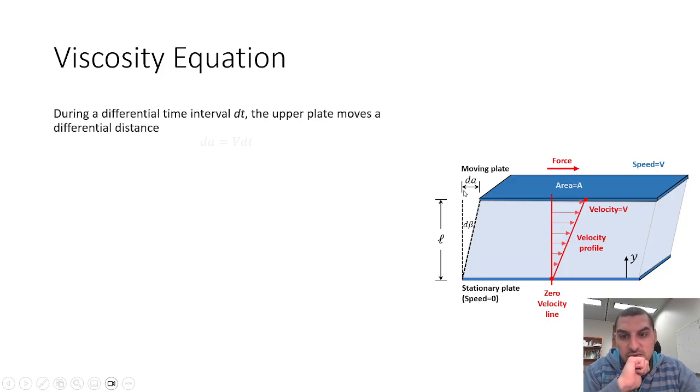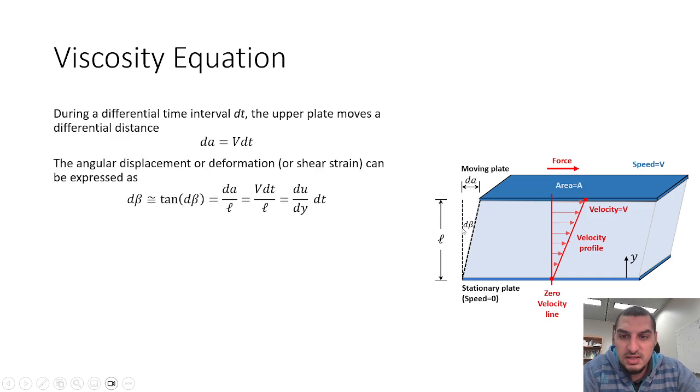We know that the velocity is the distance over time, so this small distance dA is v times dt. And we know that this angle is very, very small, and from geometry, we can say that d beta almost equals tan d beta. Tan theta equals theta if theta is very, very small. And this tan equals dA over L.